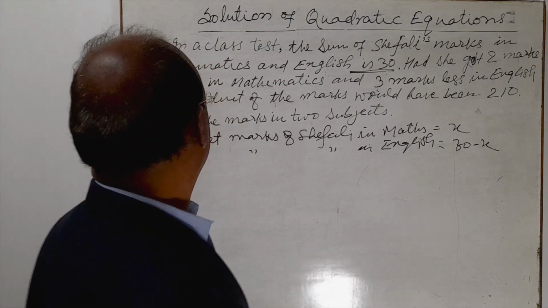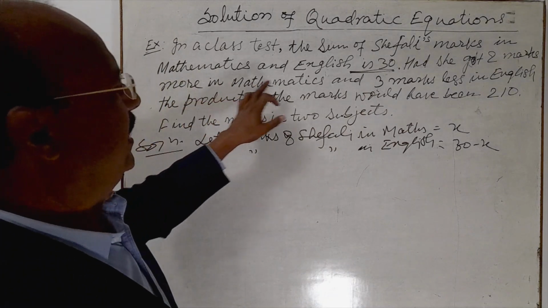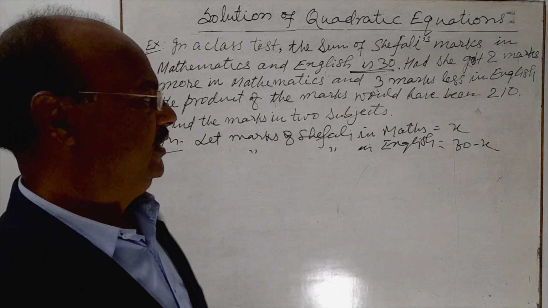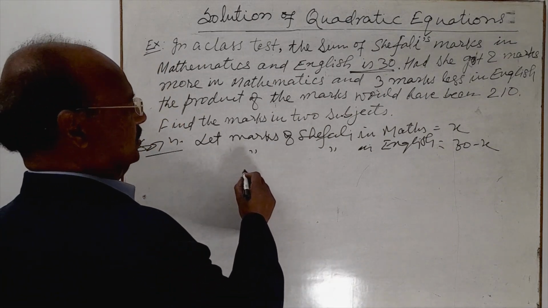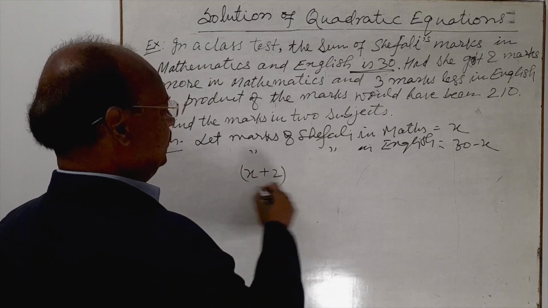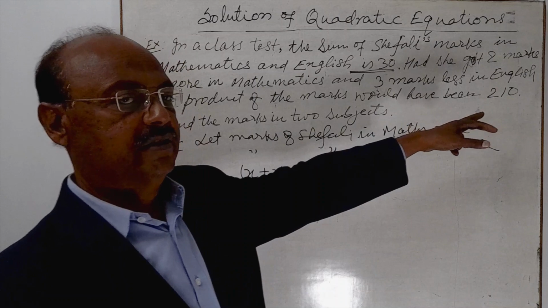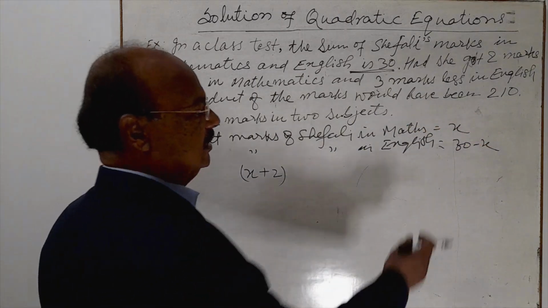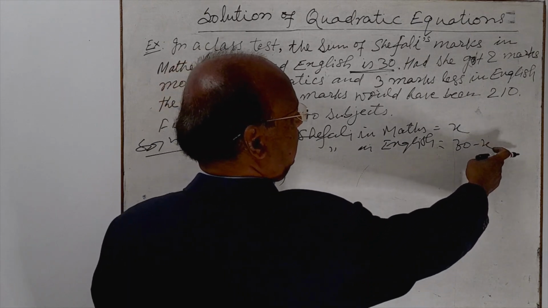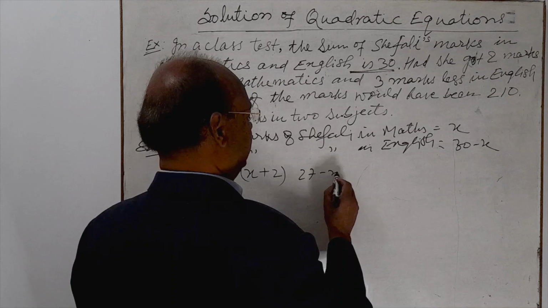Okay. Now you see, had she got 2 marks more in mathematics, where mathematics marks is x, means x plus 2, and 3 marks less in English. The English marks is 30 minus x, so 3 marks less means 30 minus 3, that is 27 minus x.